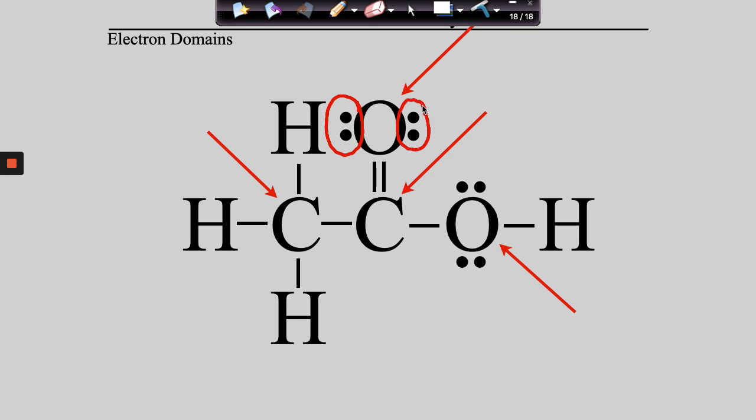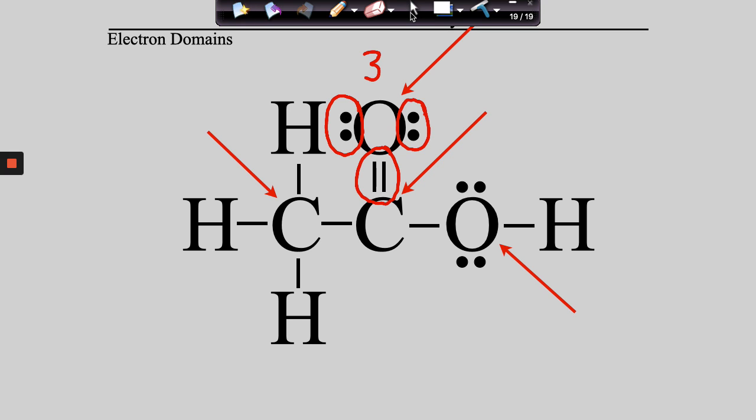Here's another lone pair of electrons, that's 2. And then here is a third domain. Again, it's a double bond, but it is a third domain. So this oxygen would have 3 domains on it: 2 lone pairs and a double bond for a total of 3 domains.